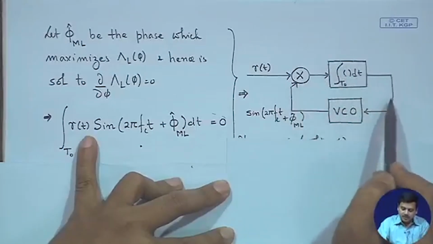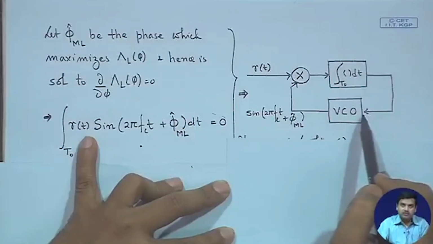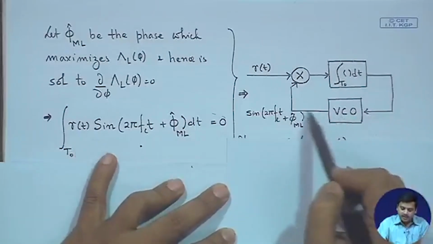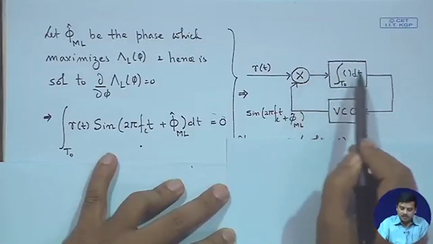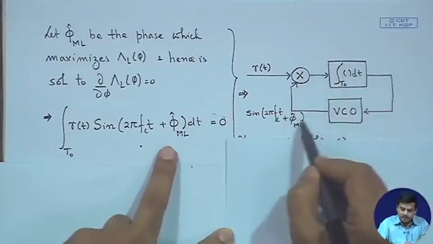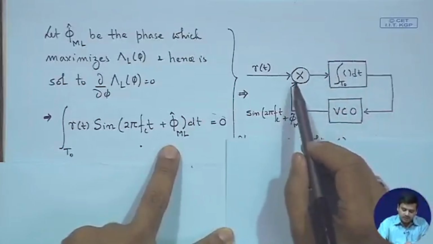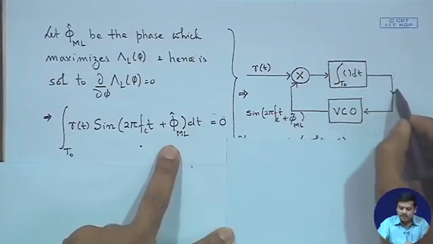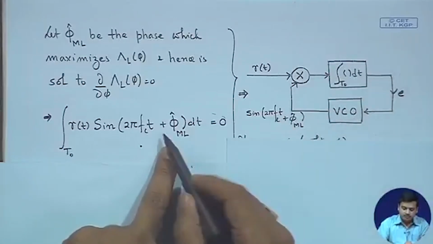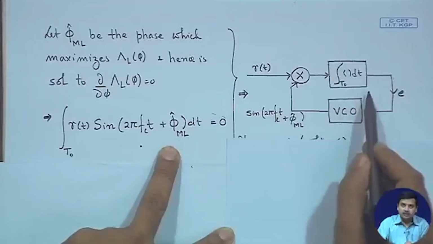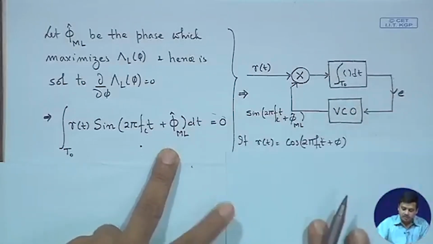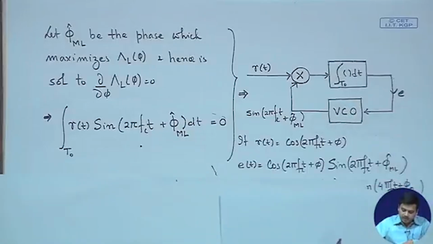Once you integrate it, you feed it to the VCO, right, and this would settle in such a way that it produces the phi for which this produces a 0 error term. This integrator motivates this PLL solution.